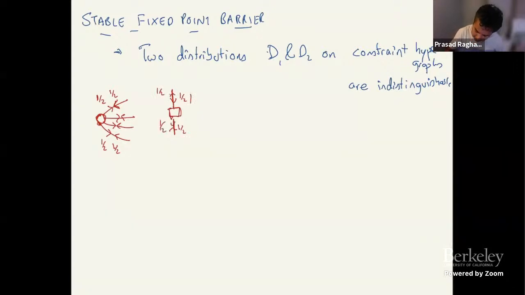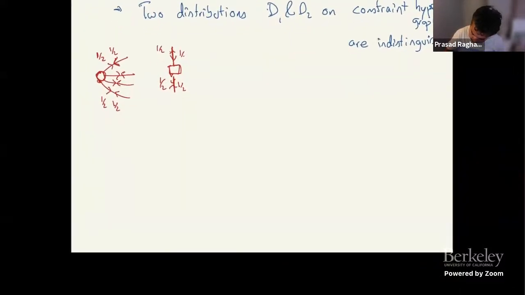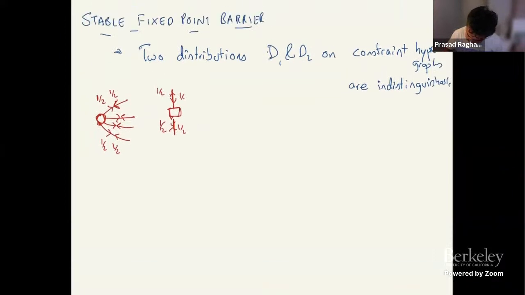Basically, you have these Lego blocks for vertices and hyperedges or edges. They have terminals on them, and on these terminals you have incoming and outgoing messages. These incoming and outgoing messages are some numbers or some distributions over 1 through k.